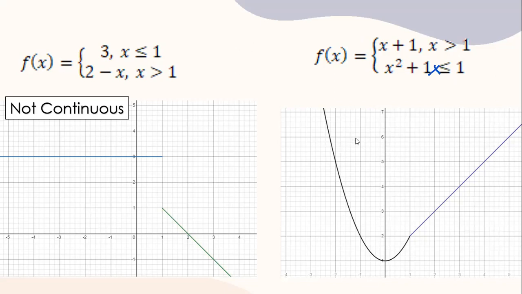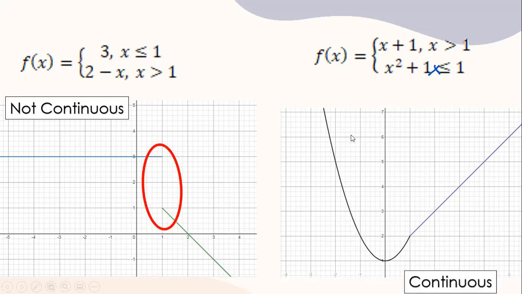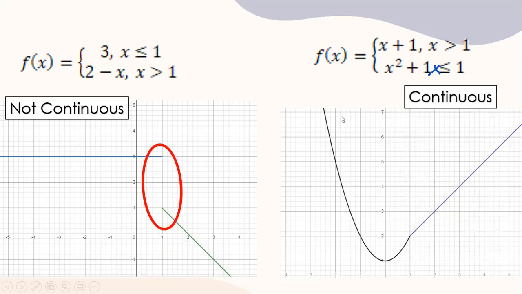Thus, we can say that this function is continuous. So by looking at the graph, we can already say whether a function is continuous or not. It is easy when the given is a graph.